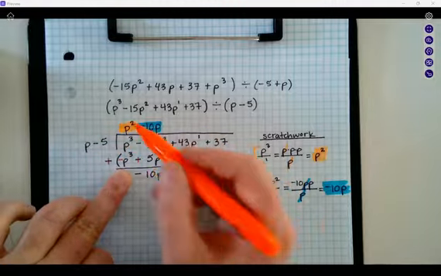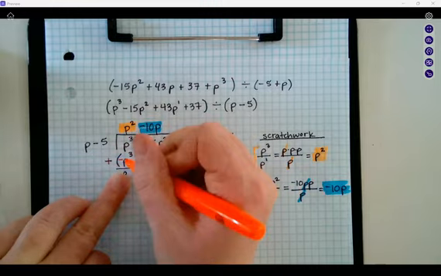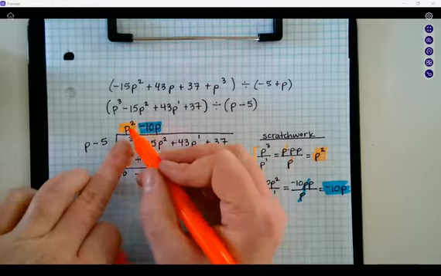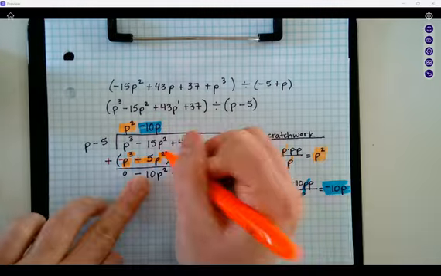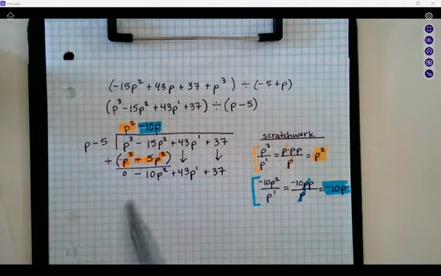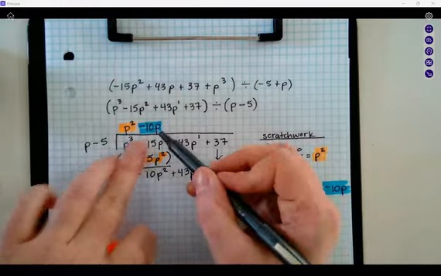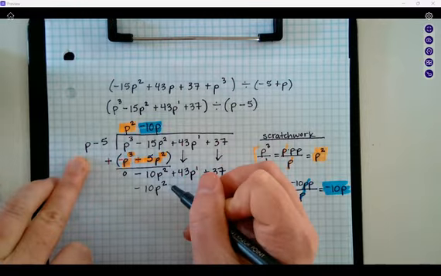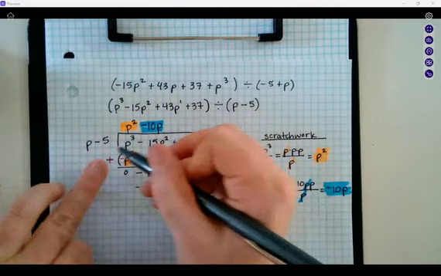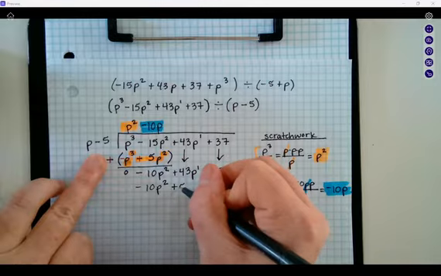So I'm going to do that real quick. P squared times p gave me that p cubed. P squared times negative 5 is what gave me this negative 5p squared. Now, negative 10p times p is negative 10p squared. Negative 10p times negative 5 is positive 50p.